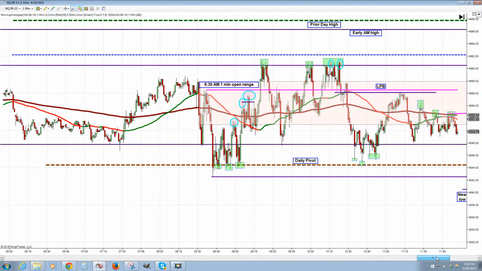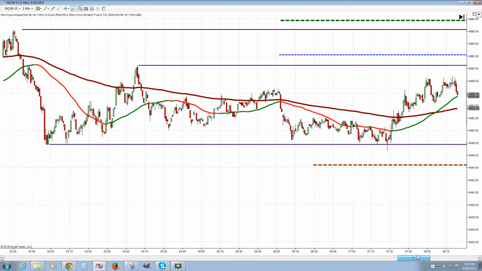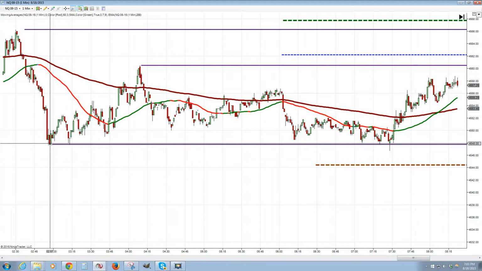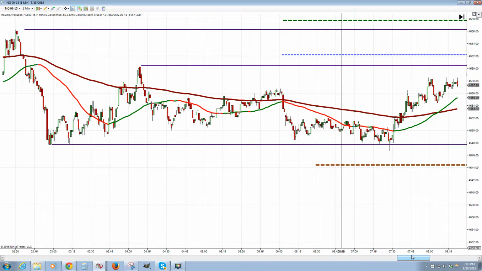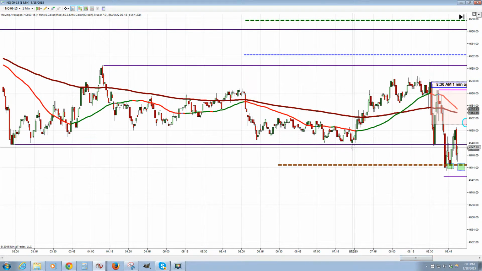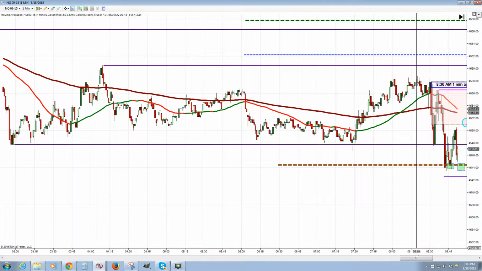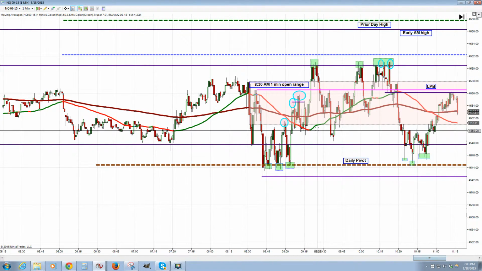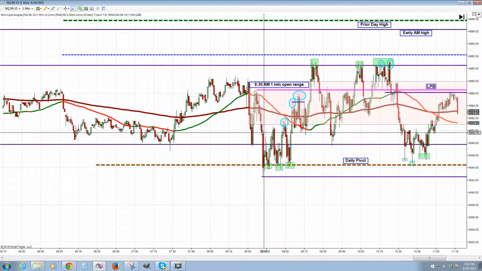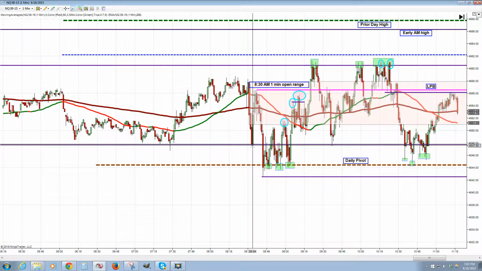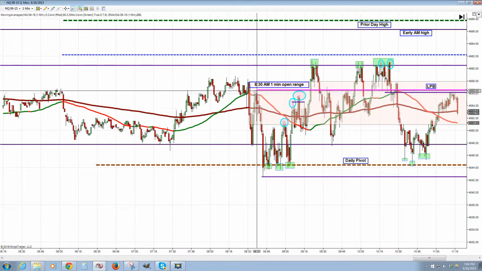That was coming off lows way back over here at just about 3 in the morning, Central Time. And they've just poked through a little bit here. They gave it their best shot right off the open, stopped one tick below it here, very, very shallow probe.